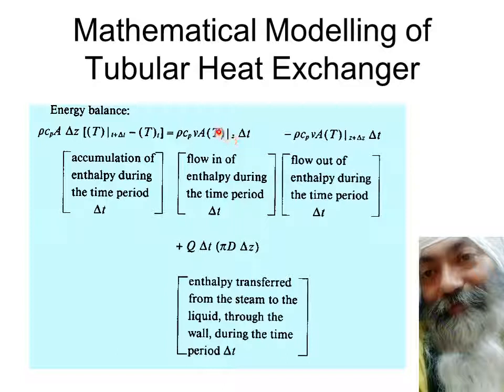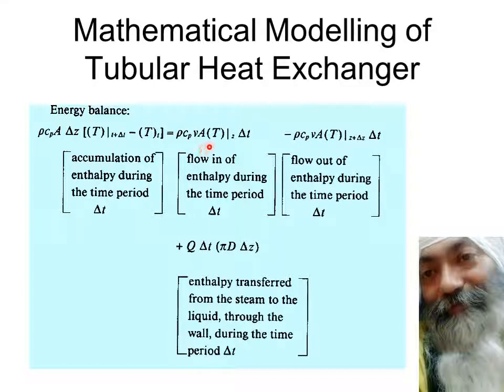So in the numerator you will have the temperature difference, that is delta T, and you see the higher temperature is on this side and the low temperature is on this side. So this entire term will become negative, but when it is transposed from the right hand side to the left hand side over here, this negative will become positive.